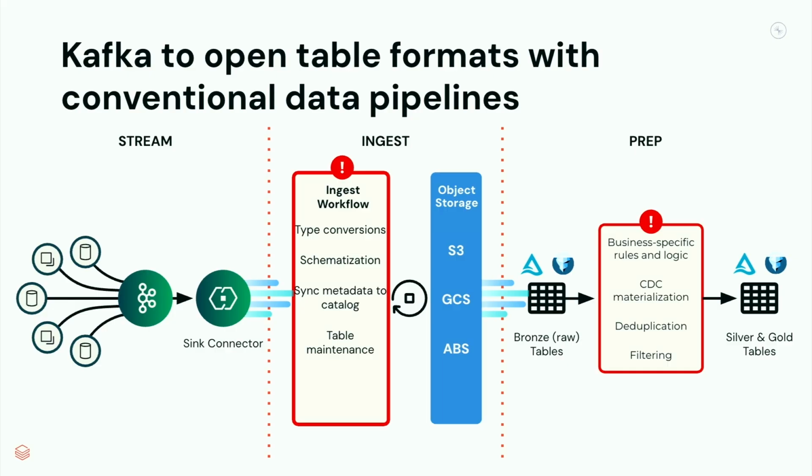After dumping data into your object storage, you need to convert this into these open table formats by performing various transformation and data pre-processing tasks. This includes converting incoming Kafka raw records into Parquet and Delta Lake or Iceberg metadata formats. You also have to do schematization, and sync these tables to the catalog services that you are using.